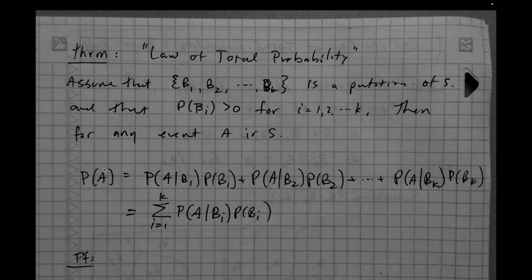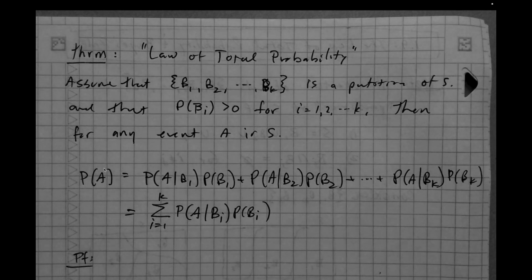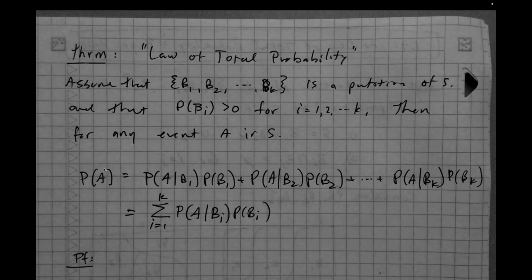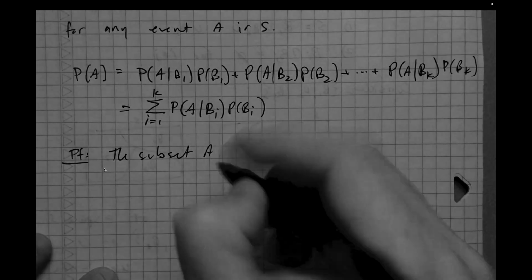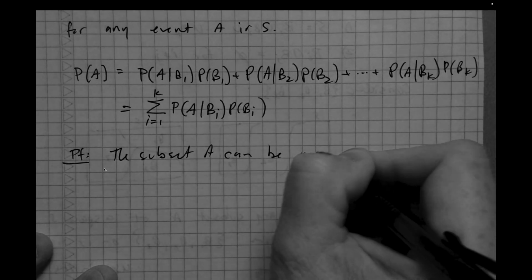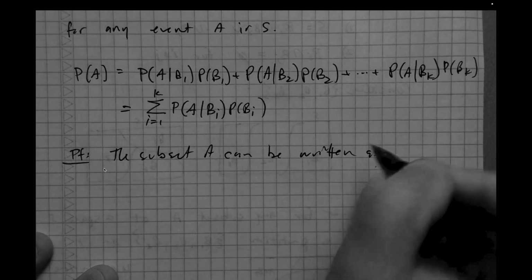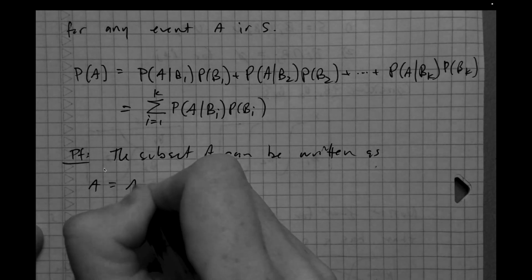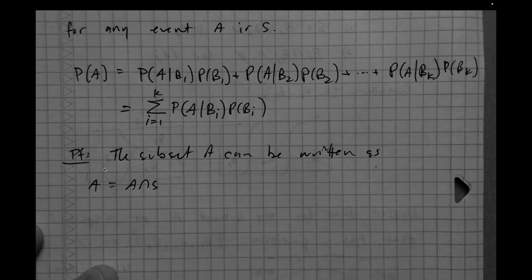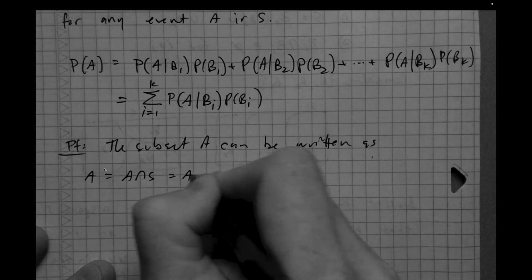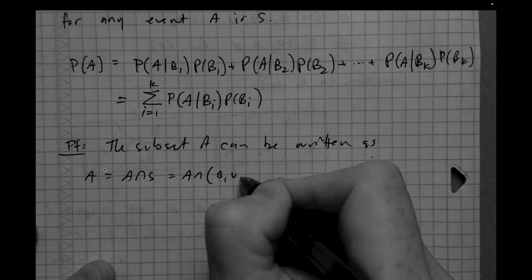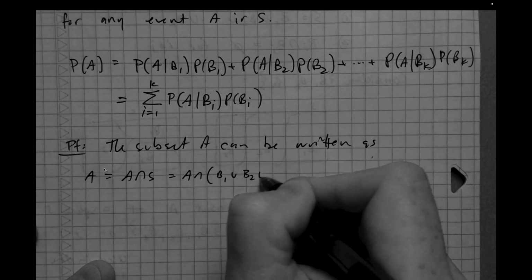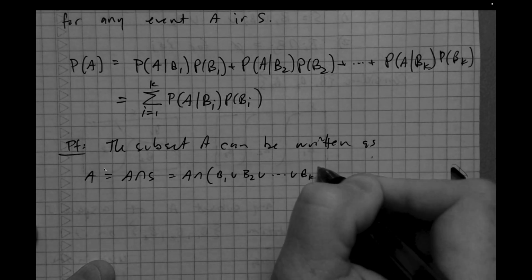Okay, now remember what we just talked about is the subset A can be written as this big union. We know A is equal to A and S, of course. And we know that S is equal to the union of this partition, B1 or B2 or ... or BK, right?